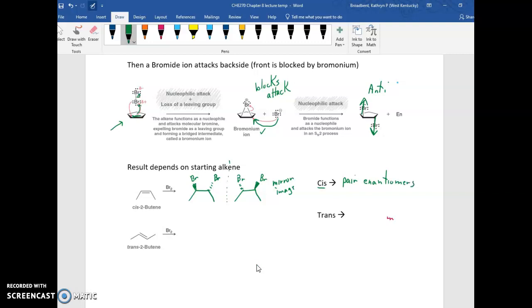If we start with a trans, we'll end up with something that looks like this. One will be up. The other, of course, is down. If we rotate this, we end up with a structure that looks like this.